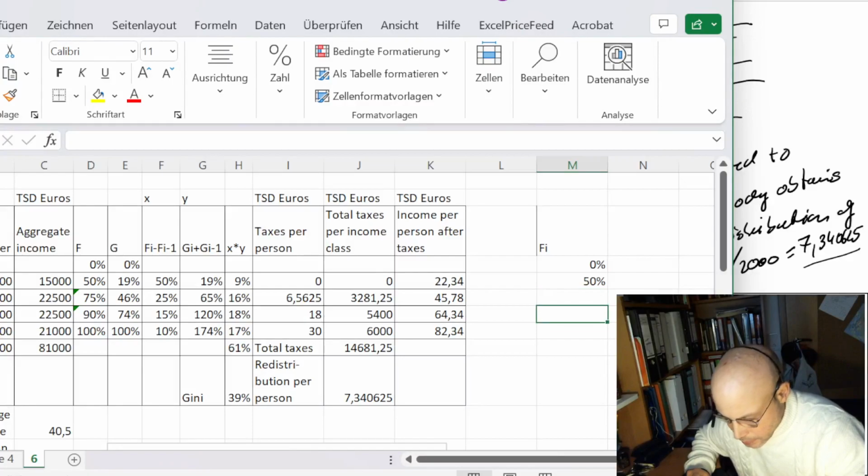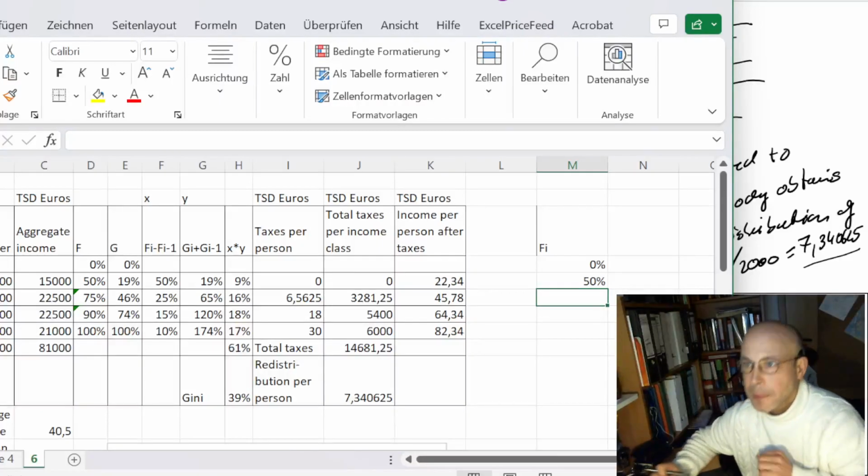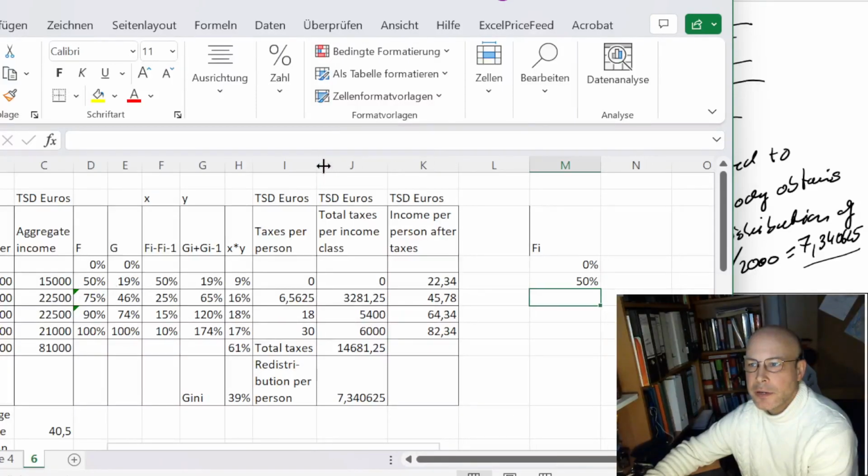And then which number should be here? Which number should we have here?